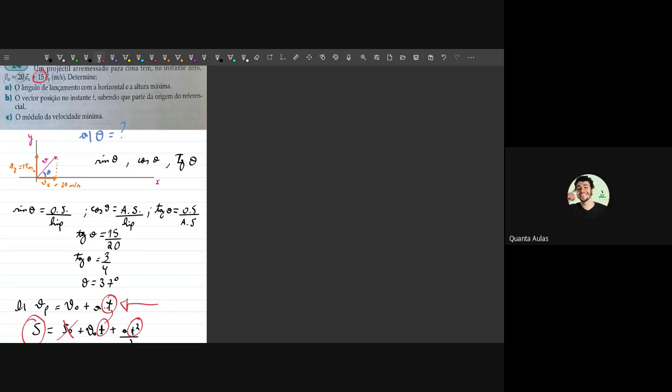Exactly. Again, the final velocity is zero, because you need the velocity equals zero so the body doesn't go up more.